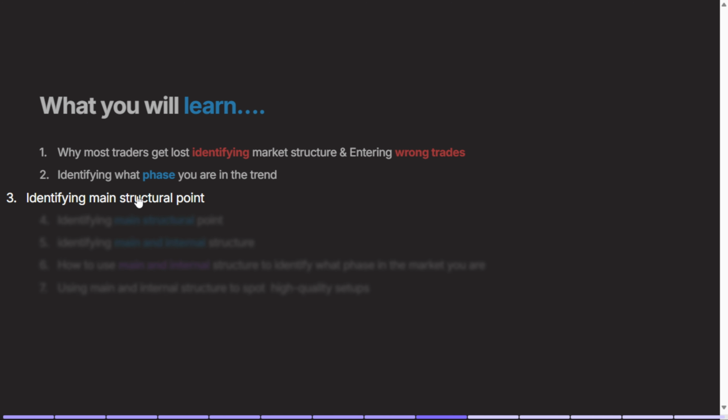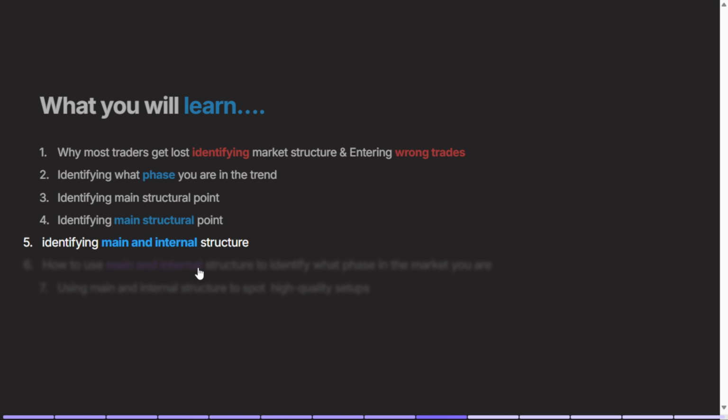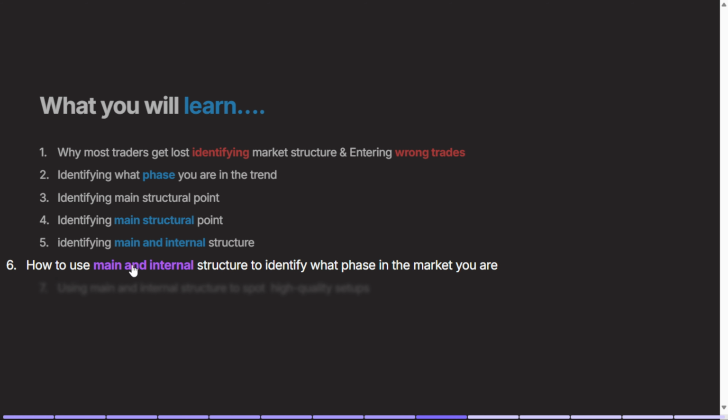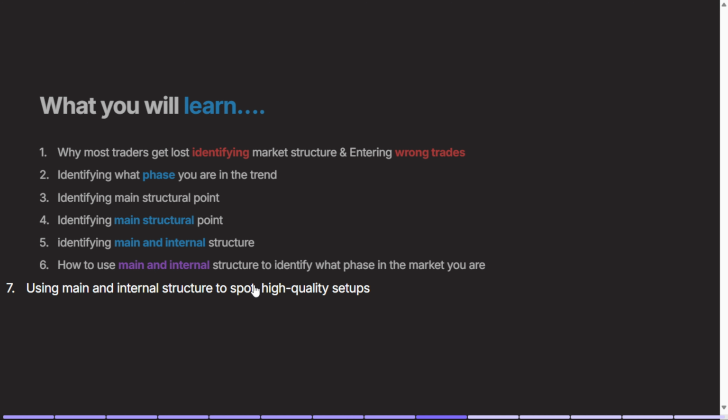You'll learn how to identify main structural points, what main and internal structures are, and how to use them to identify what phase you are in the market. You'll also use main and internal structure to spot high quality setups. Note that this is just how I view market structure, and how I use it to get trades and trade ideas.